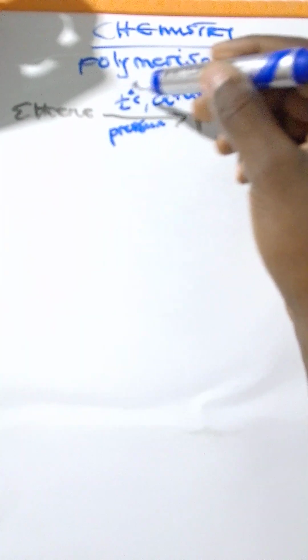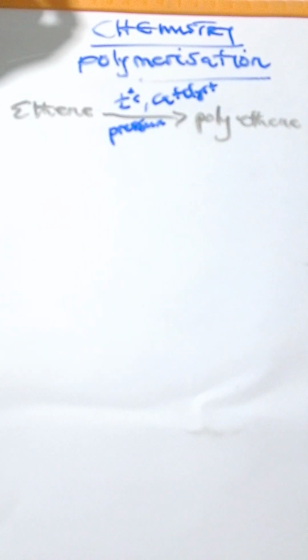So for the polymer to form, we need to have these conditions in place. Then almost everything around us at this time, from packaging, clothing, and the plastics, are all polymers. So we have natural polymers and artificial polymers. So ethene, with these conditions present, will form a polyethene.